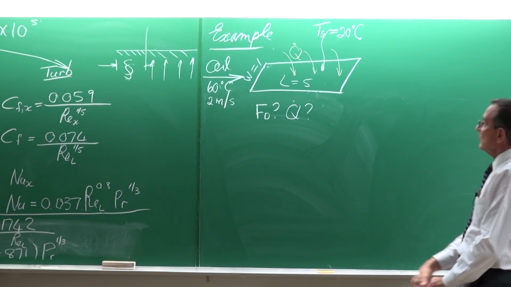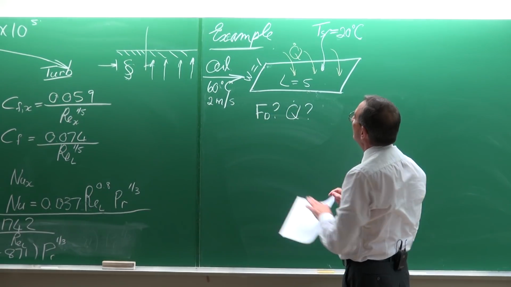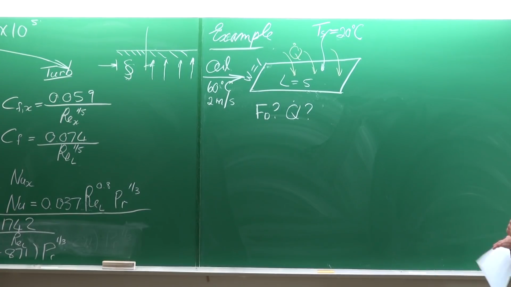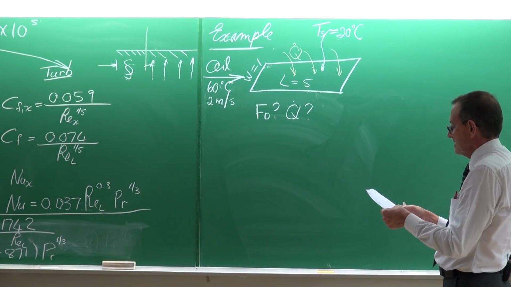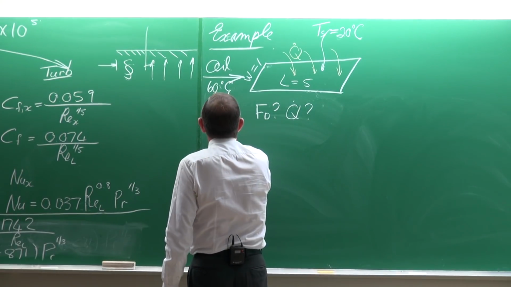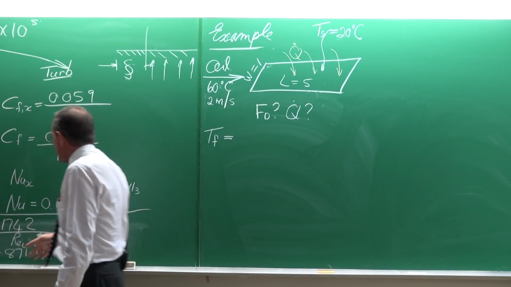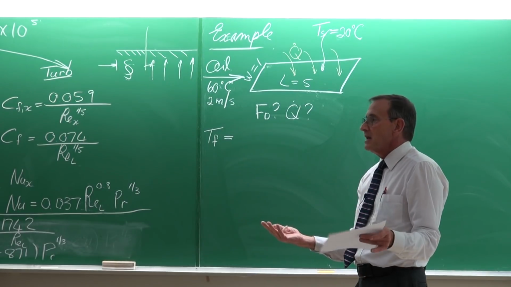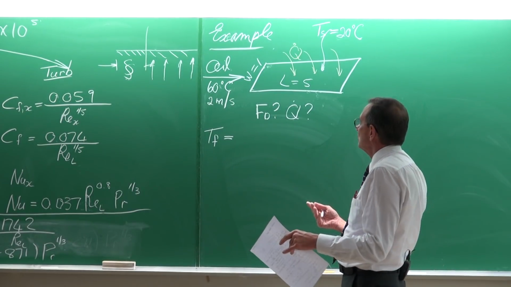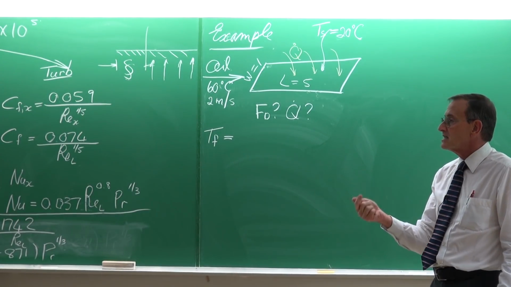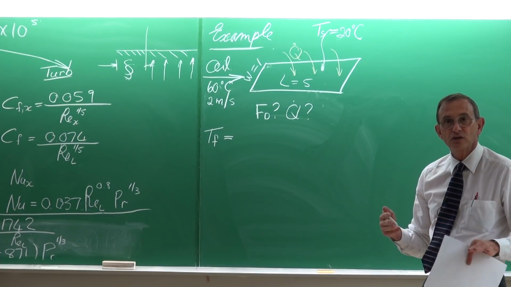Right. So the width is 1 meter, the length is 5 meters. Oil at the temperature of 60 degrees Celsius flows at a velocity of 2 meters per second over this flat plate at a temperature of 20 degrees Celsius. As we've discussed with the previous lecture, we always need the Reynolds numbers and the Prandtl numbers. But the Reynolds numbers and Prandtl numbers need to be determined at a certain temperature, because the properties, the densities, the CPs, and the viscosities are all a function of temperature.